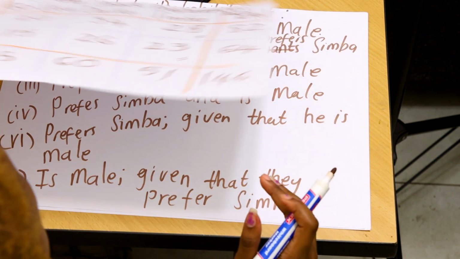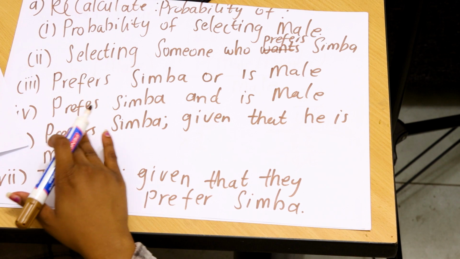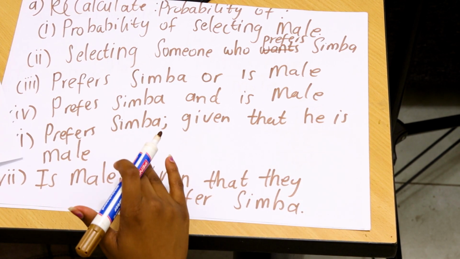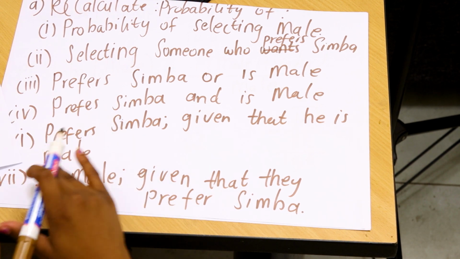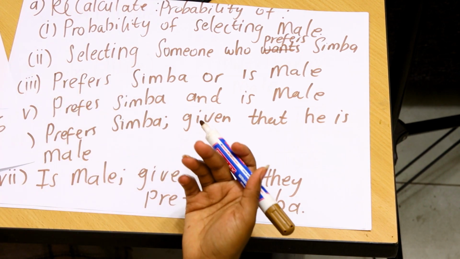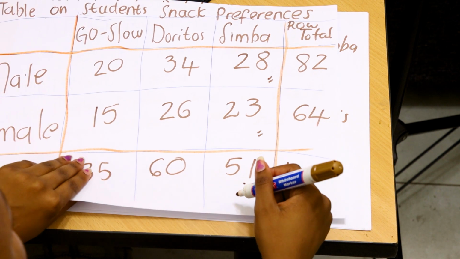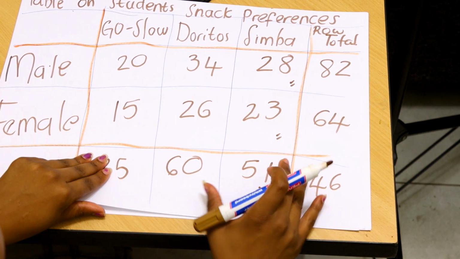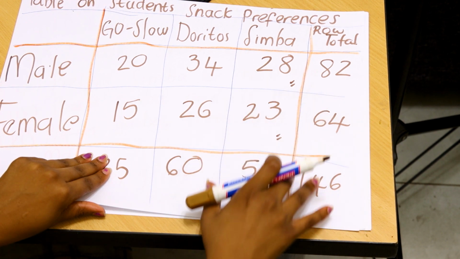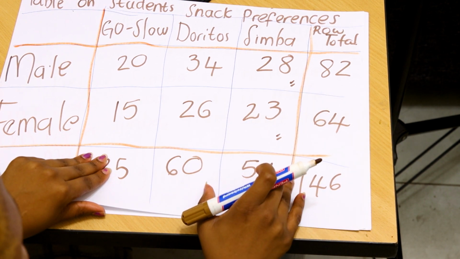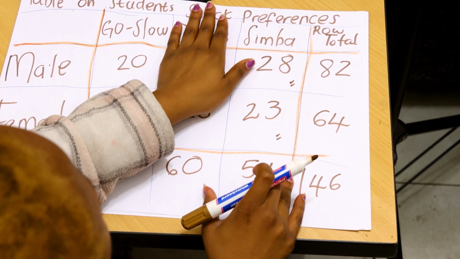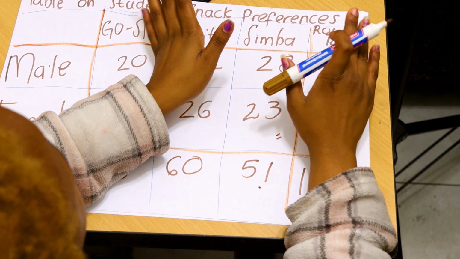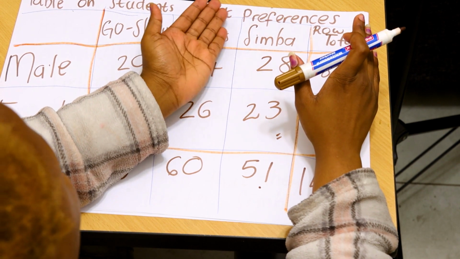But no, the question is asking what is the probability that they prefer Simba given that he is male, which is why I used the total for male. The next question will show you the situation whereby we use this 51 instead. That would be when they have given you that the preference is Simba, meaning you can ignore the two other categories and focus on Simba because it's given that it's definitely that event.